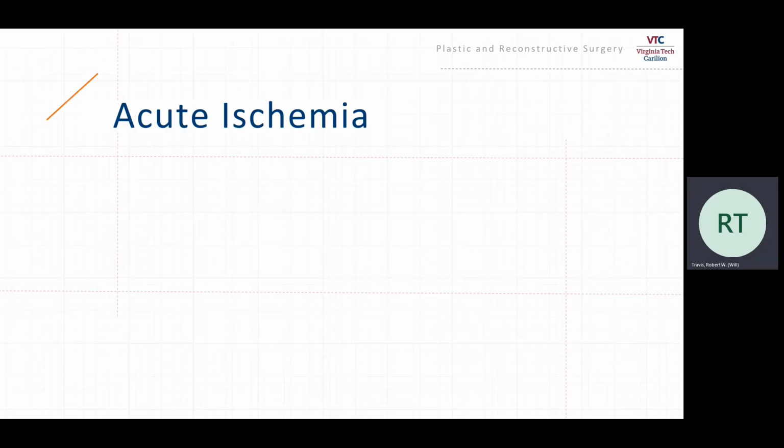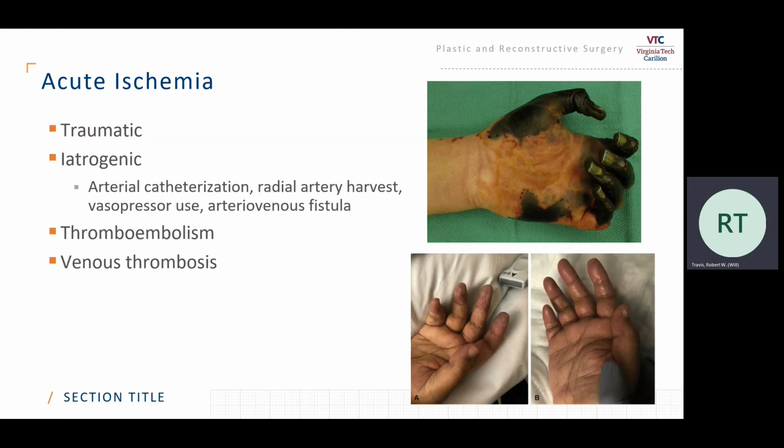So we'll touch briefly on acute ischemia. Again, traumatic ischemia is something we're not going to talk too much about today. Iatrogenic causes of acute ischemia include arterial catheterization. Usually isolated radial artery puncture, like for a blood gas, is unlikely to cause ischemia of the hand.